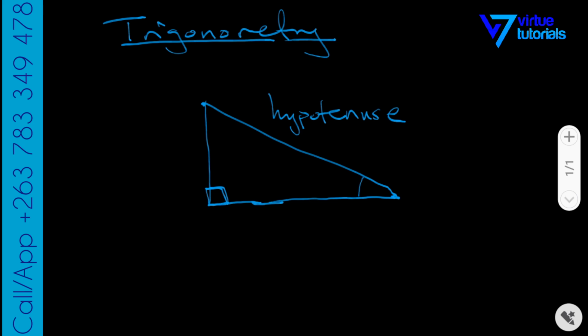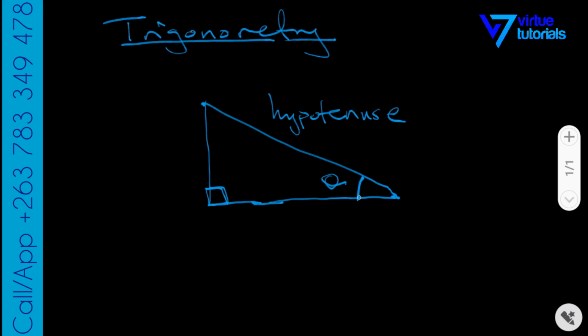If I call one of the two remaining angles theta, so if I pick this one and call this angle theta, theta is just a Greek letter that we use to identify an angle here.